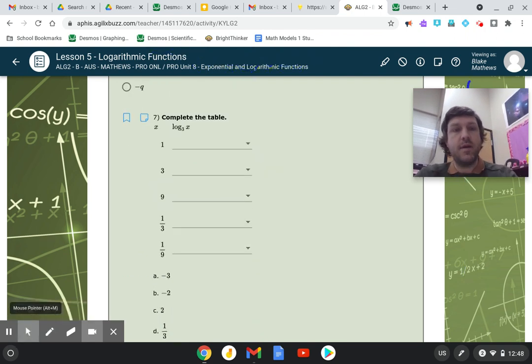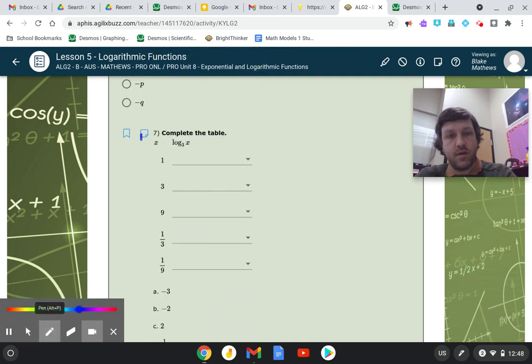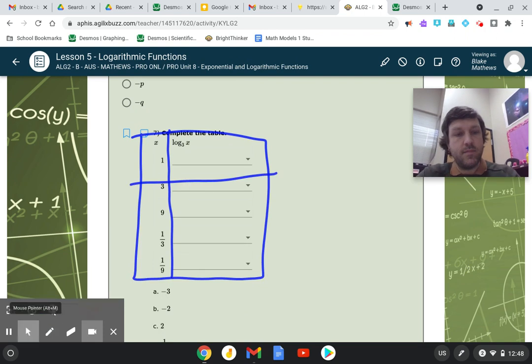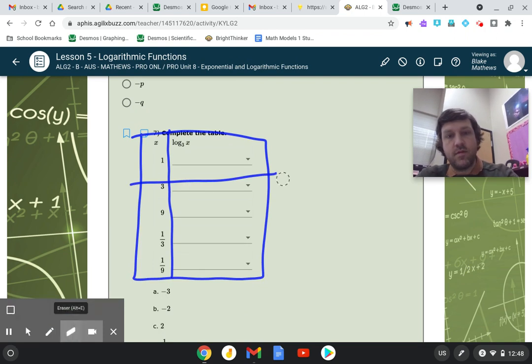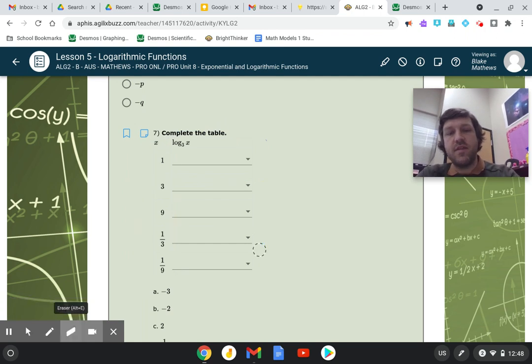All right, now we have a table. Now the table is not really drawn in very well, so let me just show you what it's doing here. It's doing like I did in the example above. Sorry, it's not so great for me to draw, but let me explain. It says complete the table. You have a value for x, and then you have to find the logarithm.